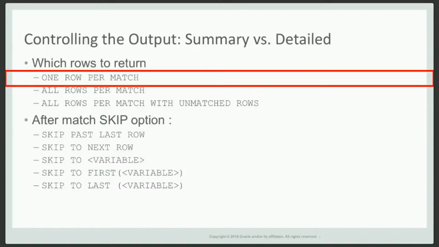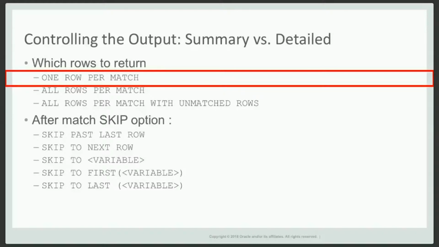If I said all rows per match, I'd see 4 rows coming back: the first element that's matched, then the second small transfer, the third small transfer, and then the large transfer. And maybe I would need all of that information, which rows were actually matched. Typically, you can use all rows per match, and also have the whole data set returned to you, including unmatched rows.